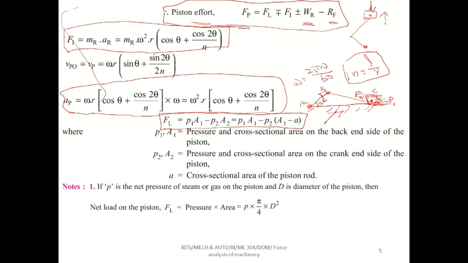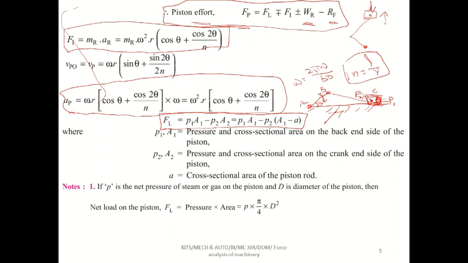If they didn't give the P2 value, you don't want to include the P2 value. You can directly write P1 into A1 minus A2, like that. Most of the time they won't give the P2 value. Otherwise, they will directly give the pressure difference. A1 means area of the piston at this place.